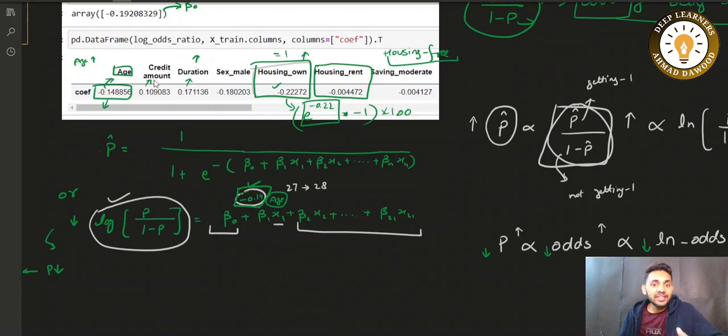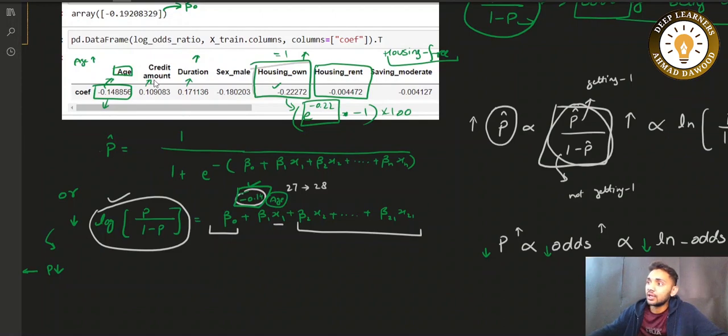Now there is another customer who has an own house. Then you can say the customer who has an own house has 0.22 less log of odds compared to the person who has a free house. Okay, house free you can use as a reference.